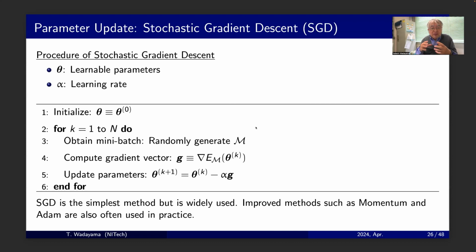There are many variants of SGD, such as momentum and Adam, and so on. We often use Adam for deep unfolding because Adam provides better results in many cases. This slide indicates the basic procedure for SGD. So this is very similar to the gradient descent algorithm, you see.